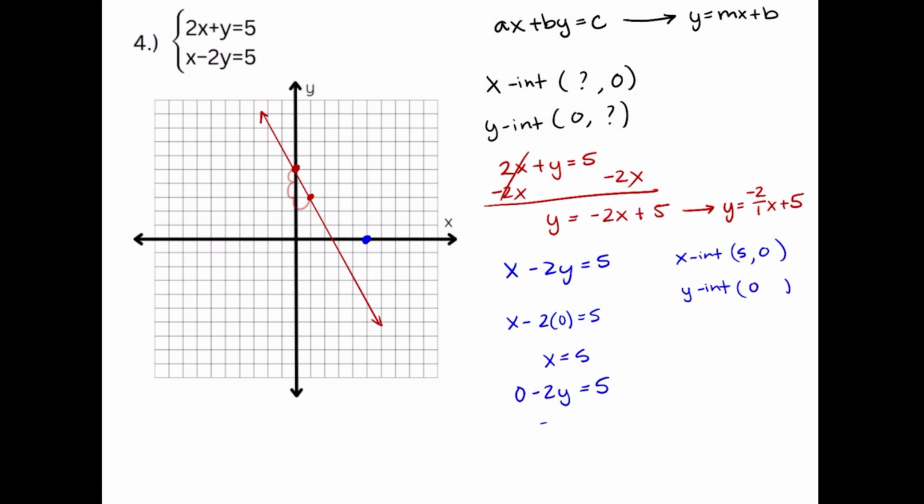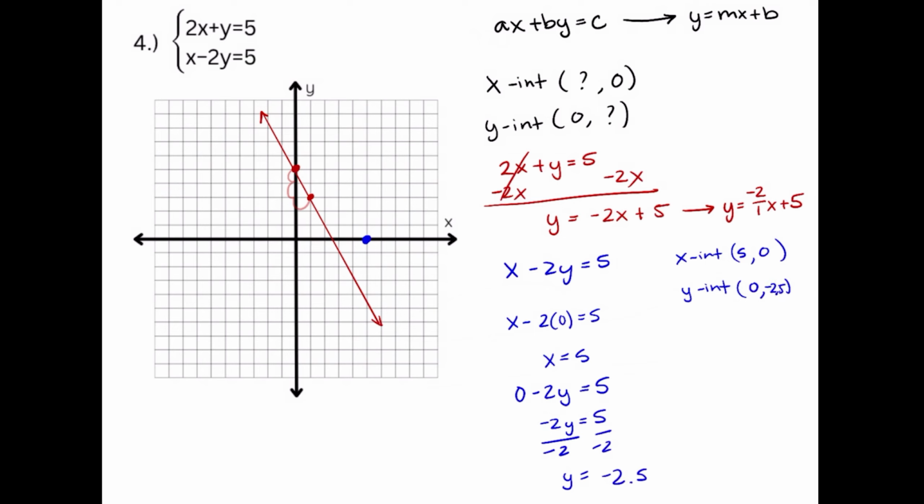So I get negative 2y equals 5. To get rid of the negative 2, I'm going to go ahead and divide by negative 2. So I get y equals 5 divided by negative 2, which is negative 2.5. So my y-intercept is at 0, negative 2.5.